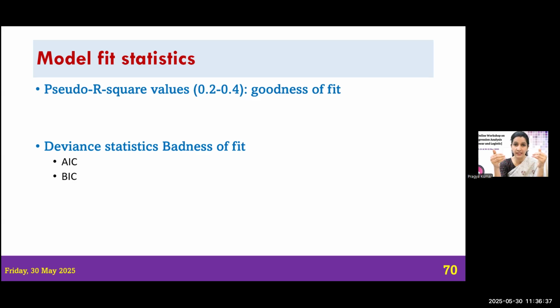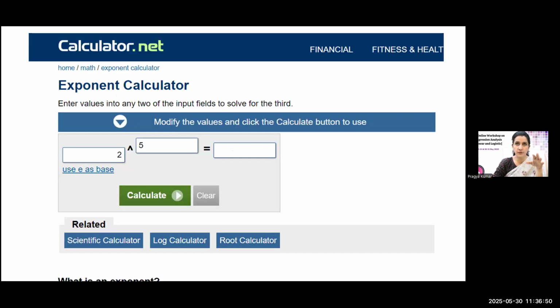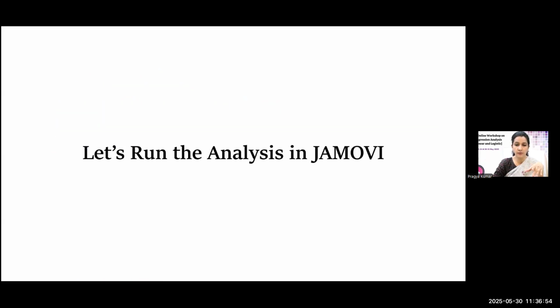There's a difficulty in interpreting it. So the software takes the exponent of that particular logit, which is known as the odds ratio, and we will calculate it using this exponent calculator. We'll see how to calculate it.